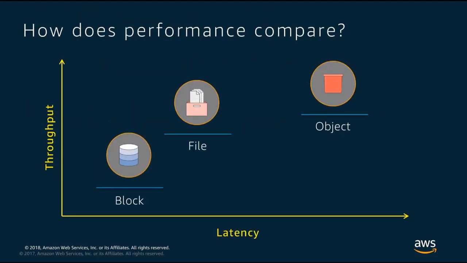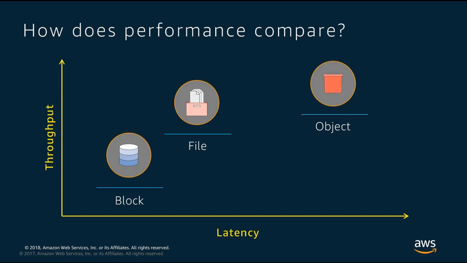Now, another aspect to consider when choosing your storage type is the performance of that storage. Now with block, it's generally the lowest latency storage type, but doesn't scale to the throughput levels of file and object. And block storage is ideal for database applications, as databases are latency sensitive and commonly that database is run on a single computer.